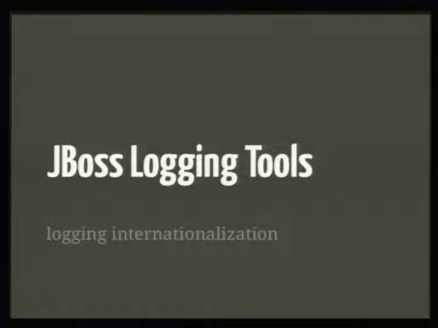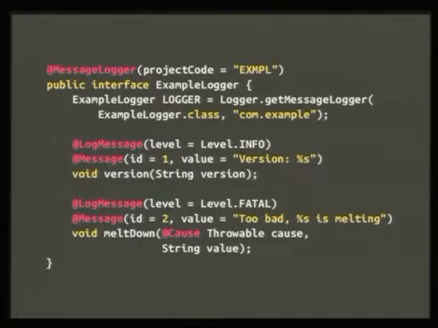If you are aware of how internationalization for logging is done in the JBoss project, it looks like this. You define an interface with methods. Each method corresponds to a log message.